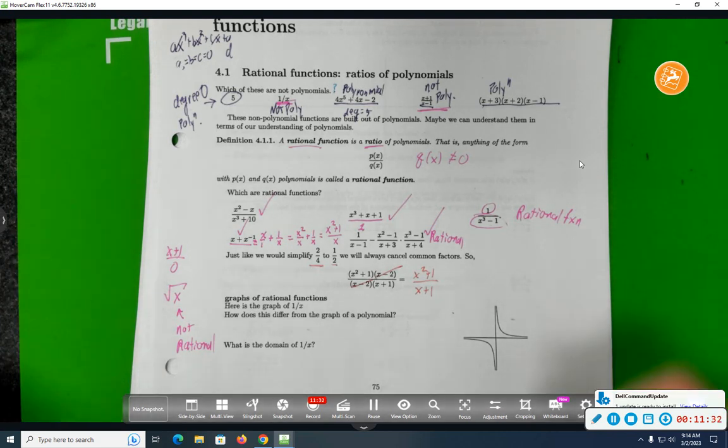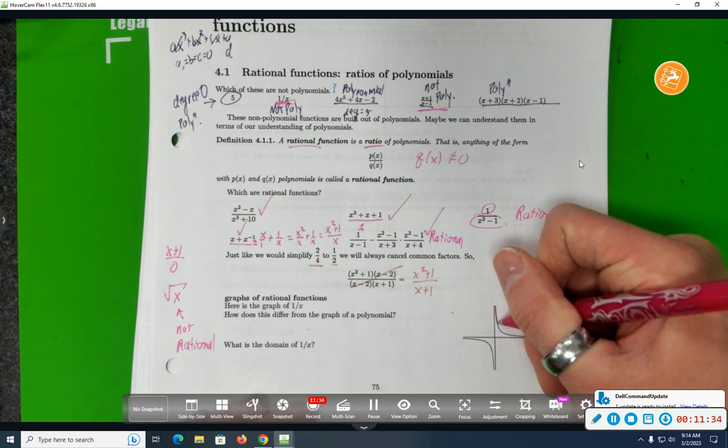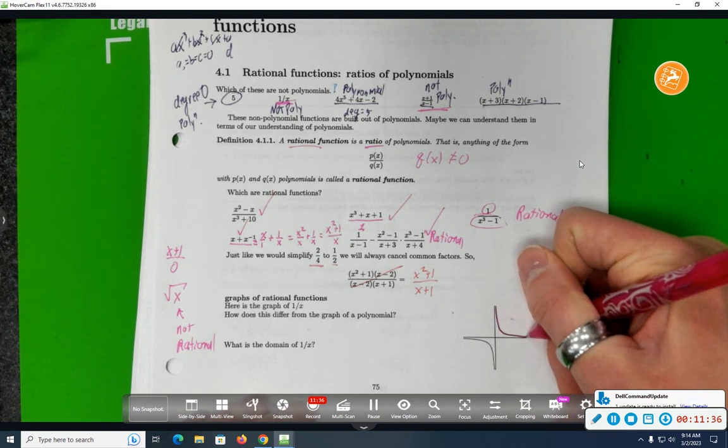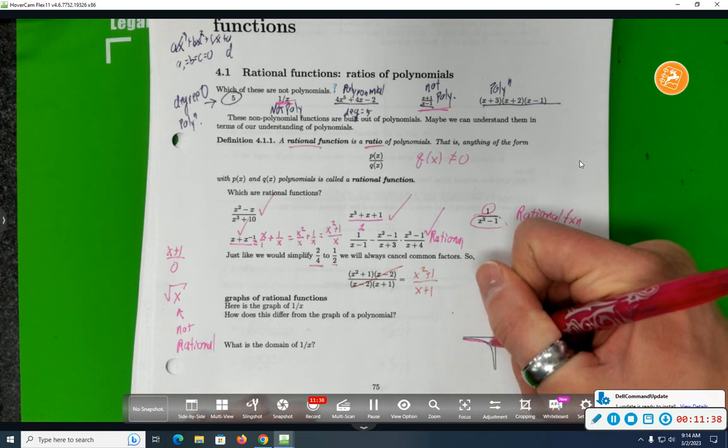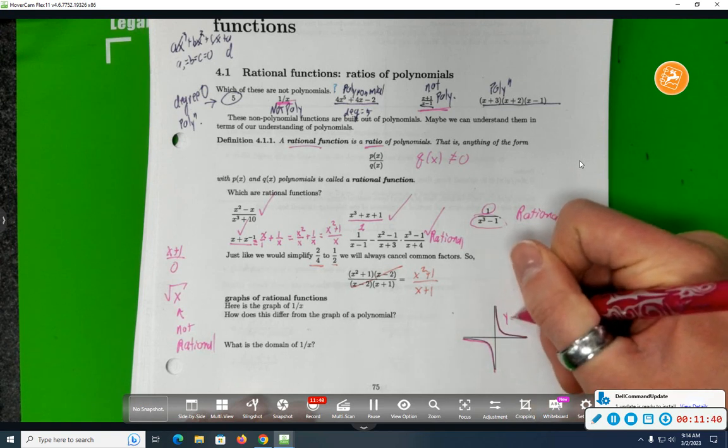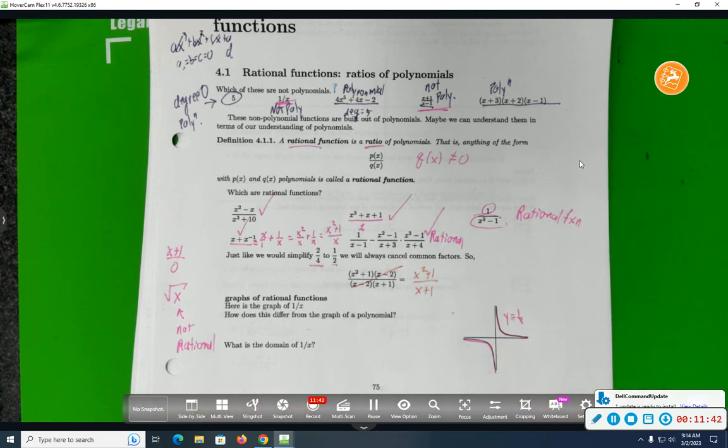Here is the graph of one rational function that you should recognize. Here's the graph of y equals 1 over x. It is what it is. We've seen lots of things about graphs of polynomials.